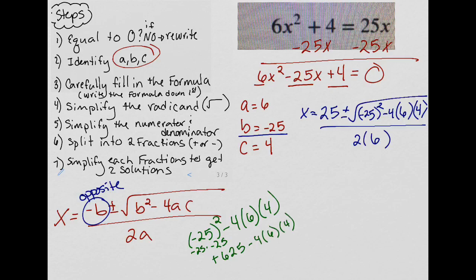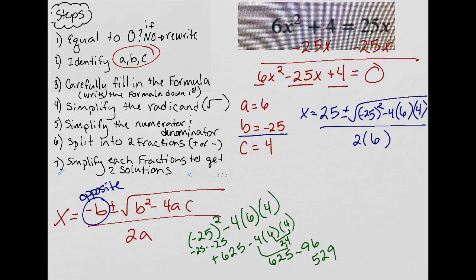So then I'm going to do multiplication. I can do it in pieces. 6 times 4 is 24. Negative 4 times 24 is negative 96. So I have 625 minus 96, which is positive 529.